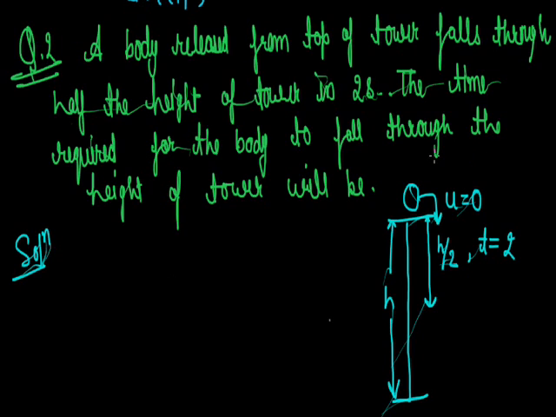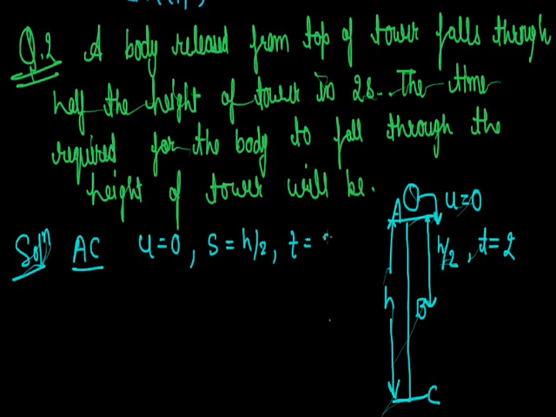Now we have to find out the time required for the body to fall through the full height of the tower. Now from topmost point A, suppose this is the point B and this is point C. Now from A to B, u is given, which is 0, displacement is h by 2, time is 2 seconds, and acceleration will be equal to gravity.